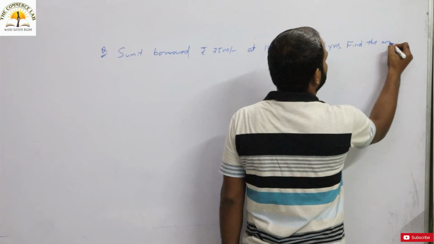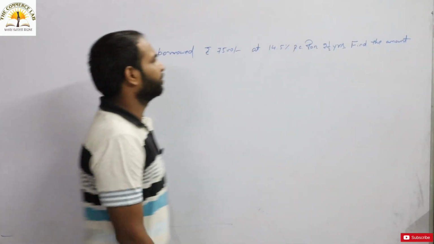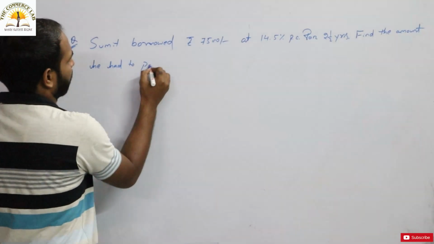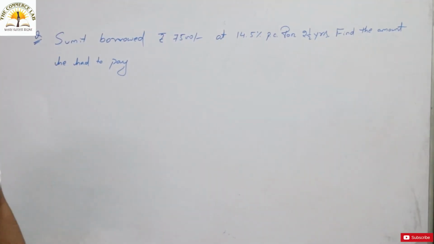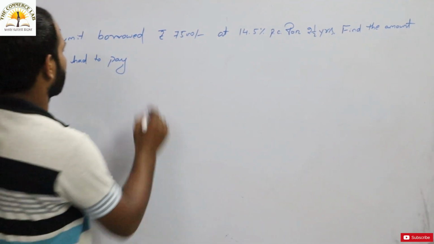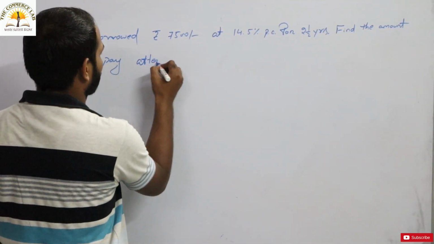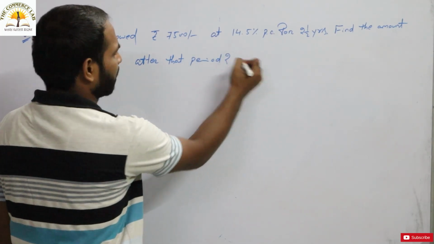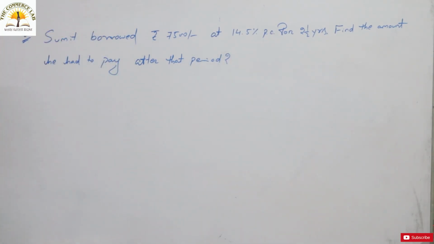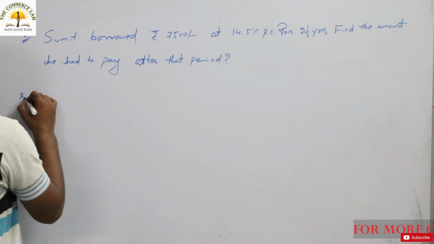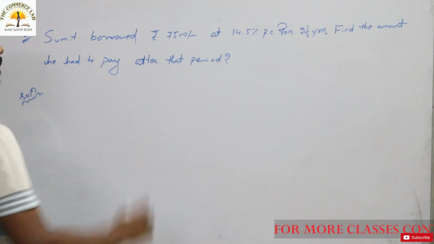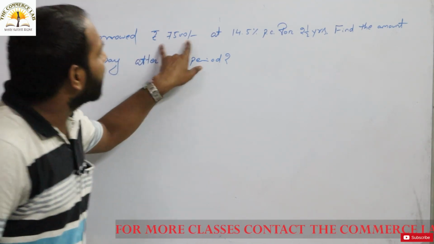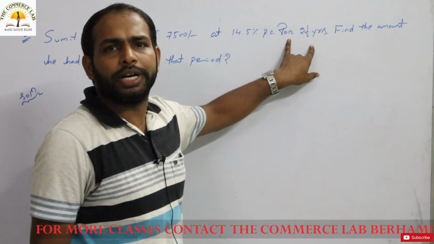Find the amount here to pay after that period. So see, Sumit borrowed 7,500 rupees at 14.5% per annum for 2.5 years.